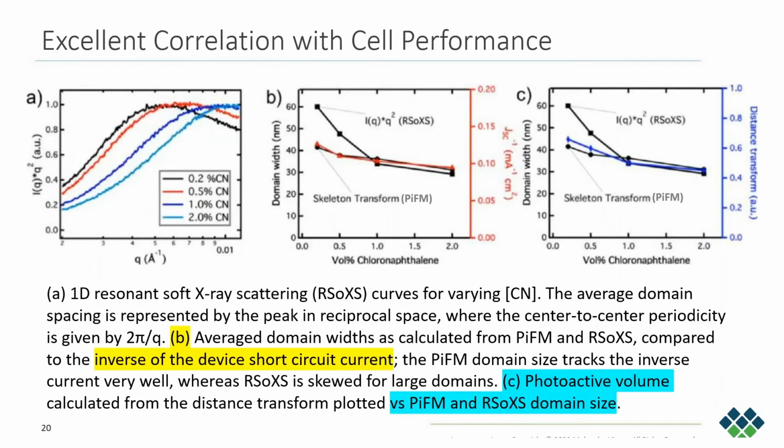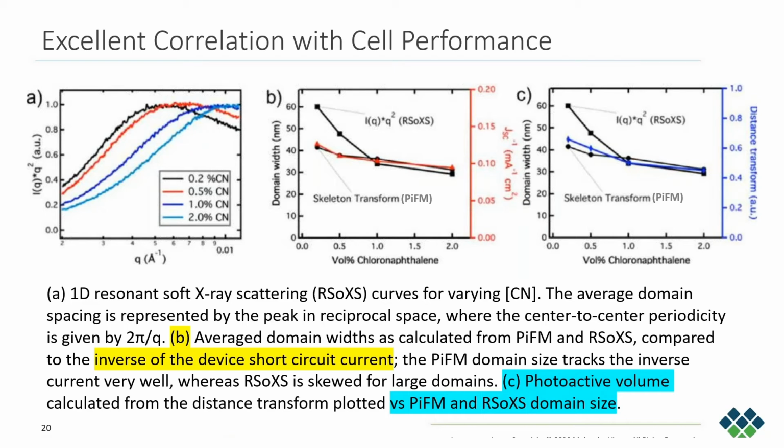Here you can also get a rough idea of the grain sizes by doing resonant soft X-ray scattering, which is a very widely used technique. You can then compare the grain size calculated from PFM versus this X-ray scattering, and plot it against actual device characteristics.